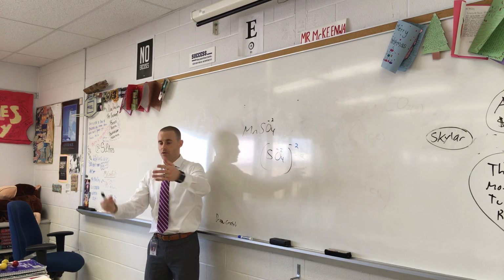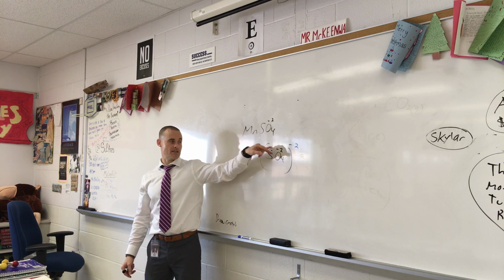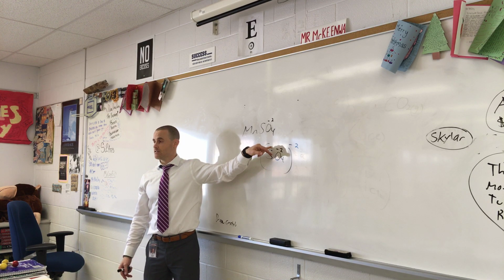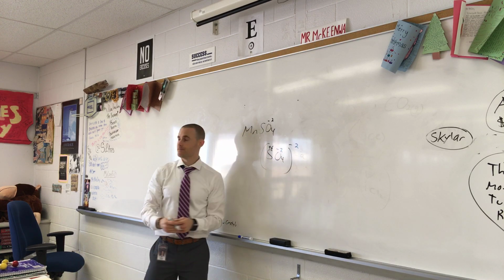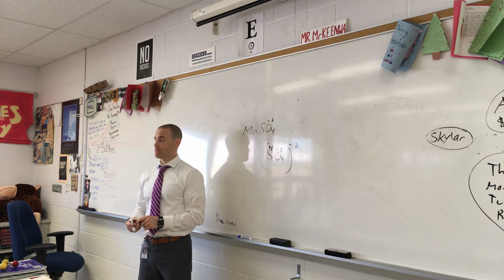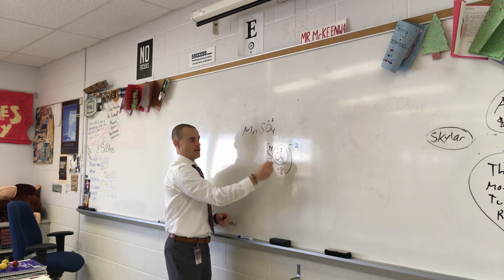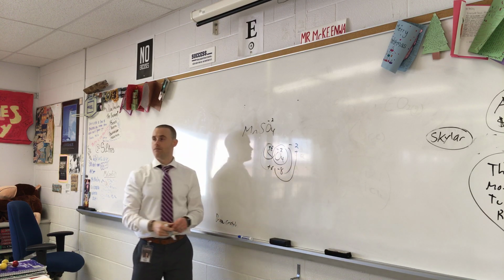I gave you the answers, but someone explain to the class, why does it make sense that this is a +6? I read the answer, so everybody has it. Yeah, this is -8, this is +6, together that adds up to a -2.